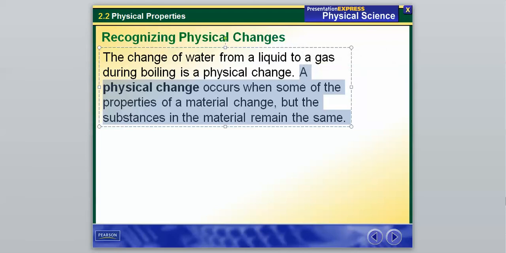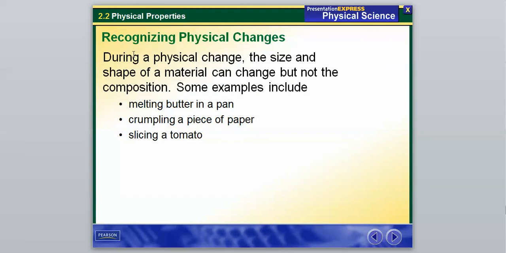For example, during a physical change, the size and shape of a material can change, but not the composition. If we break things in half, that's just a physical change. We are changing the size, but at a molecular or atomic level, they stay the same. Some examples are melting butter in a pan. All the same materials are there, it has just changed from almost a solid state to a liquid state.